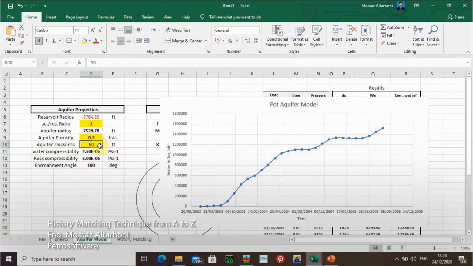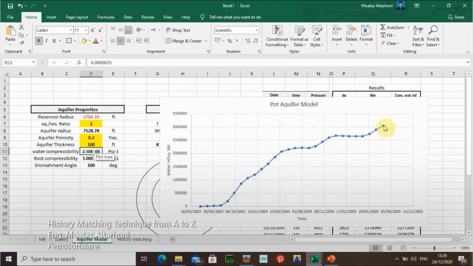Why? Because I increased the aquifer. So if I increase the thickness, I hope for more. Yes, 3 million. Doubling the aquifer from 50 feet to 100 feet, the cumulative total water influx at the end time is 3 million barrels of water invaded into the reservoir.